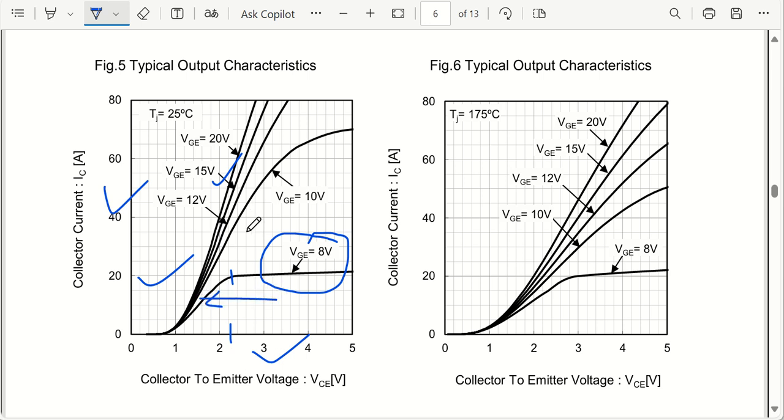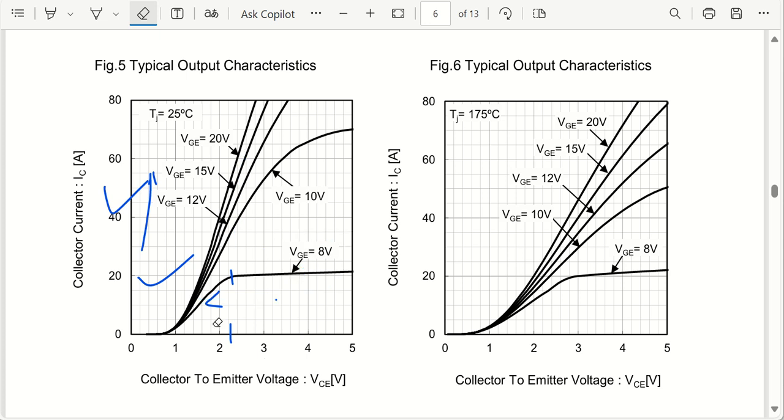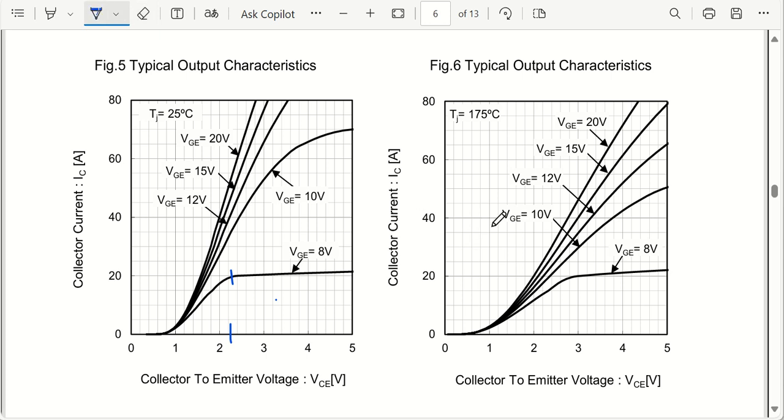So you can see it has started reducing. Understood? And your current capability starts increasing very fast. So current starts increasing when your gate to emitter voltage is more. Okay, when gate to emitter voltage is less, you cannot have more current through the collector to emitter. All right, so we'll remove a little bit and make it a little clean. Good. So this was all about this.